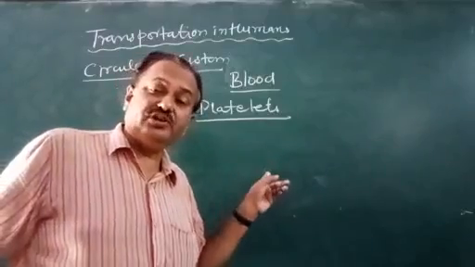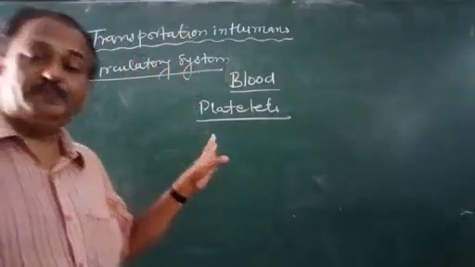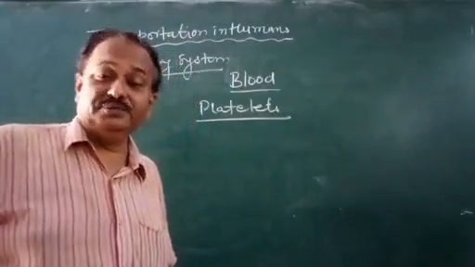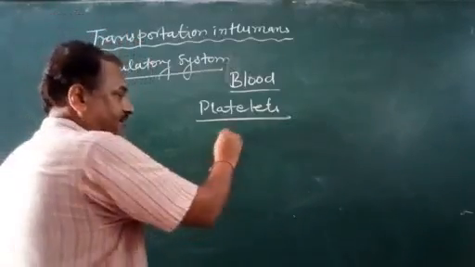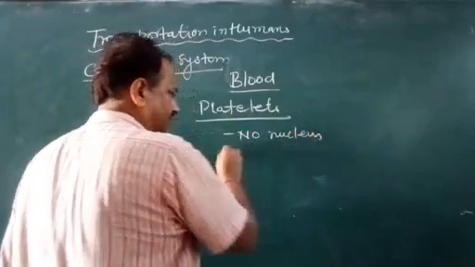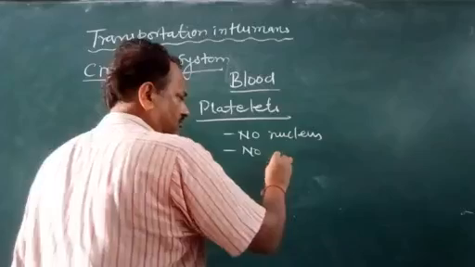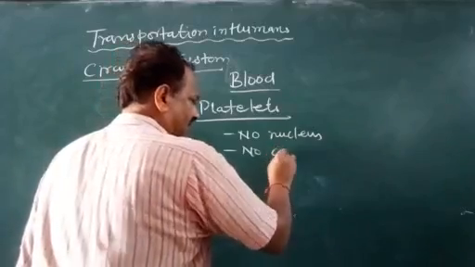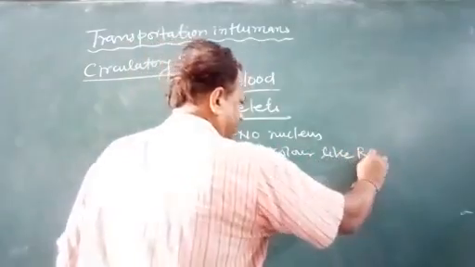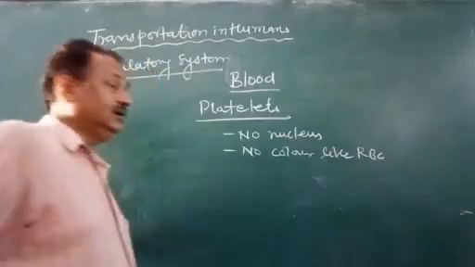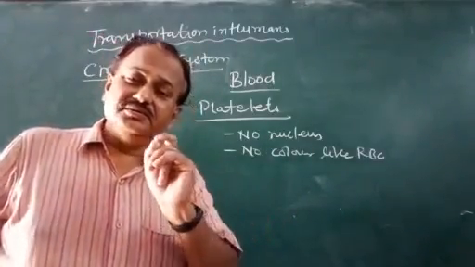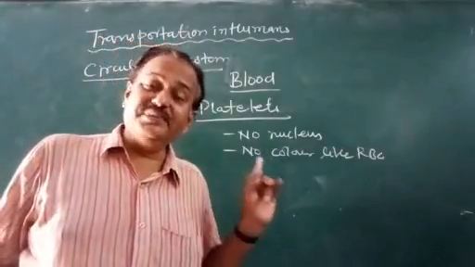The last portion of blood is called platelets. Platelets have no nucleus, just like RBCs. They have no color, like WBCs, which are almost colorless, as the name indicates.